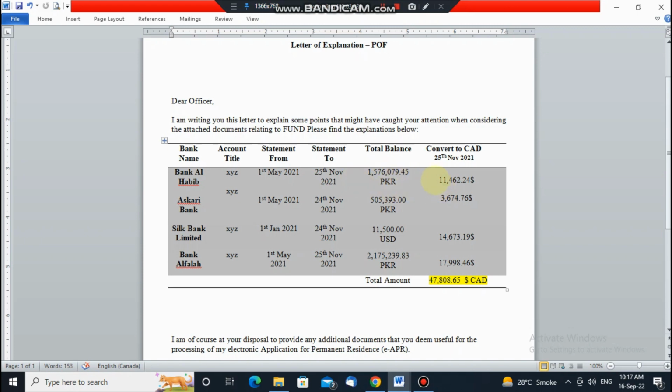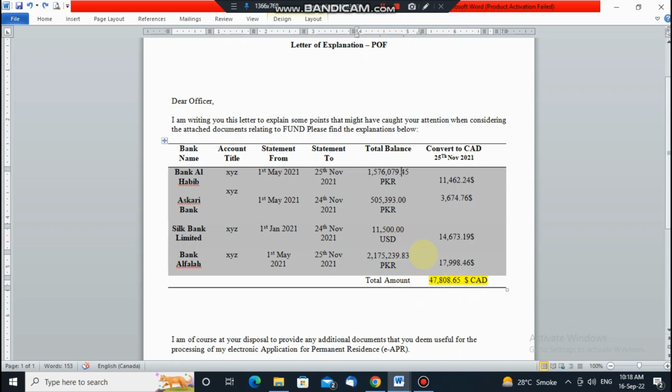And you can see how I converted it to CAD, and I have mentioned that I converted this on 25th November 2021. I just Googled it and wrote this amount, so it converts to CAD. And in the end I have written the full amount.